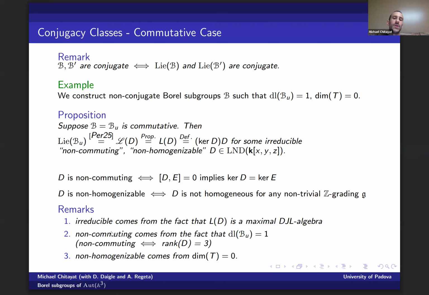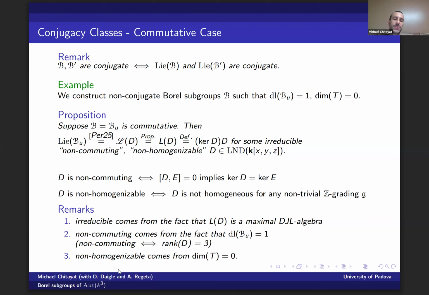D needs to be non-commuting because the derived length of BU is 1. And if D commuted with some guy with a different kernel, then you would have a unipotent subgroup of derived length 2. And just a remark, it's well known that an irreducible LND of K[X,Y,Z] is non-commuting if and only if its rank is 3.